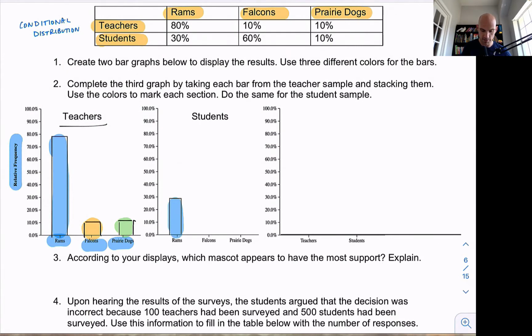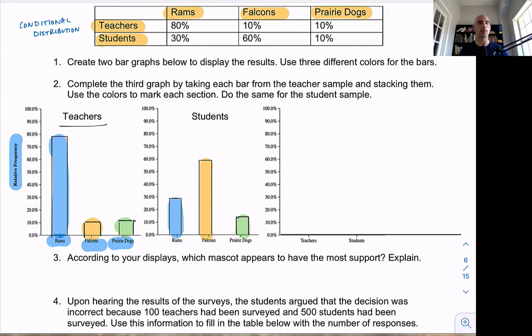Falcons was 60%, so I'll draw my line up here at 60. That will be orange. And Prairie Dogs is going to be in at 10%. No love for the Prairie Dogs as the mascot here.